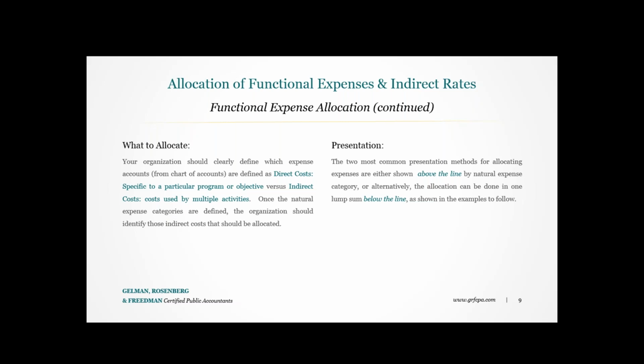So first, defining a couple of things. I think first and foremost, what are our natural expense categories. So this just being very basic and will probably follow your chart of accounts that you already have set up. So our salaries, our travel, our benefits, our consulting, those are the natural expenses that need to be defined.